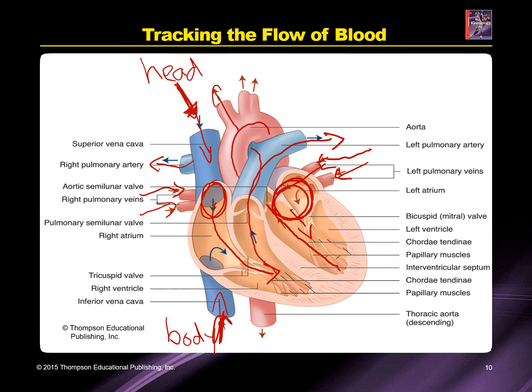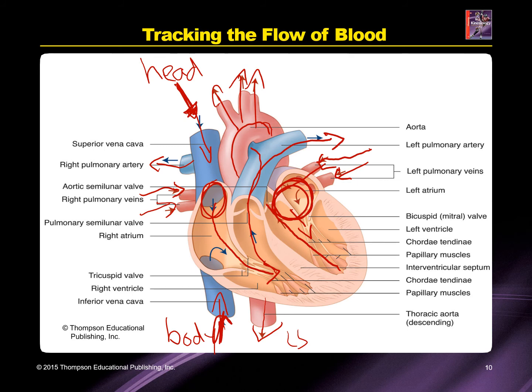Some of it branches off to go up to the upper part of your body, and the rest of it travels down the thoracic artery, and then eventually gets branched off to the rest of your body. That's how the oxygen gets delivered to the rest of your body.